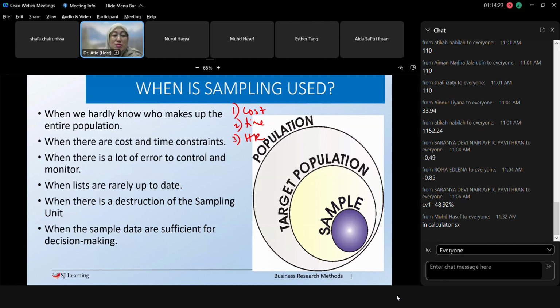Then you need to use a sample. And also when sample data are sufficient for decision making. For example, we don't have to take the whole population, because if we just take a sample from the population, it's already enough for us to make a decision.